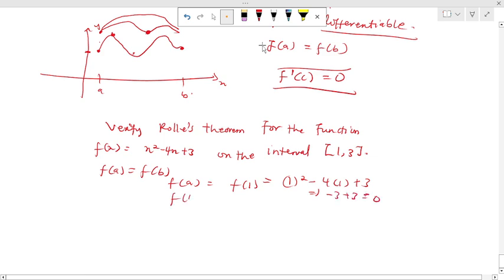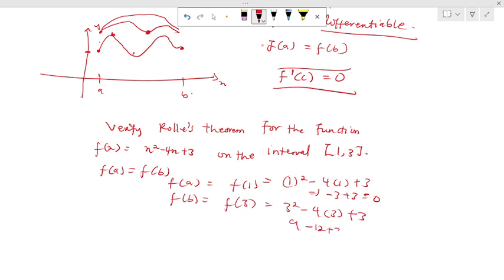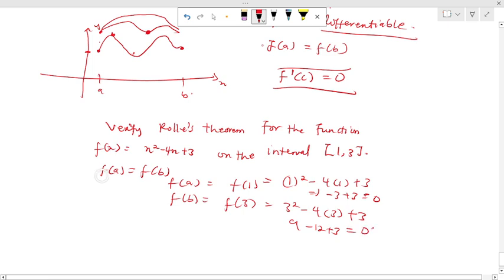Then I'll find f of b. Here b is 3. So f of 3 gives me 3 squared minus 4 times 3 plus 3. This is 9 minus 12 plus 3, 12 minus 12, which is also 0. Since f of a is the same as f of b, my function satisfies the condition.